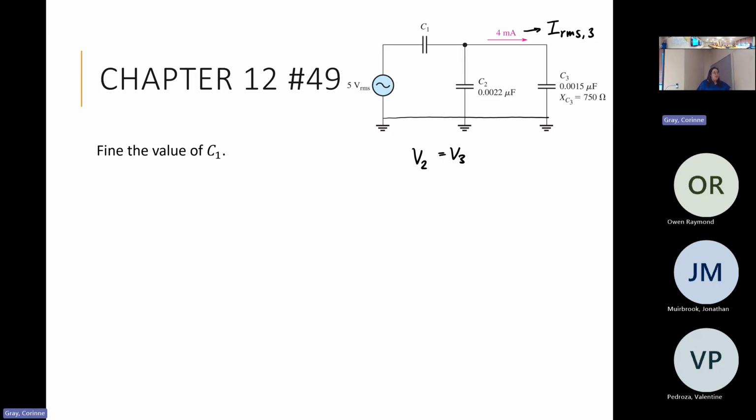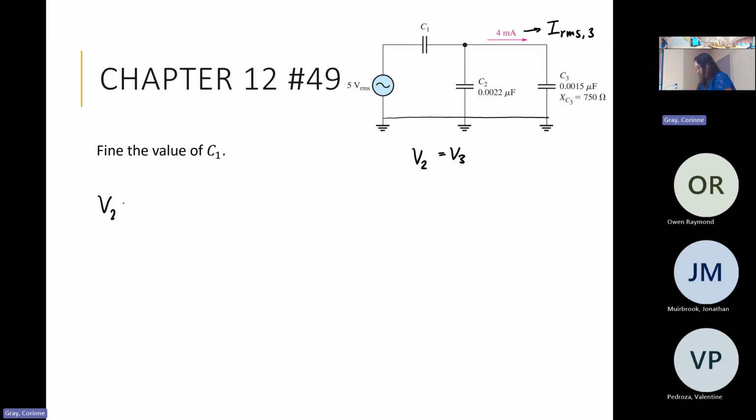If we want to do it the easy way, I can find the voltage across C3. How would I do that? You've got current and resistance, it's just Ohm's law.